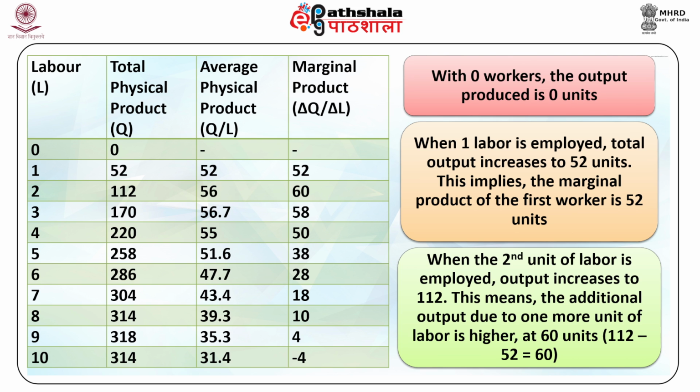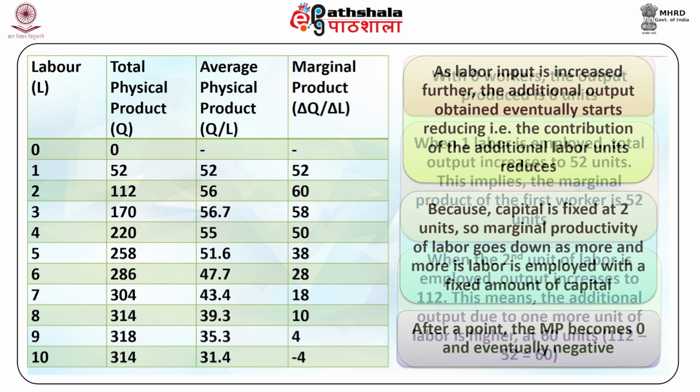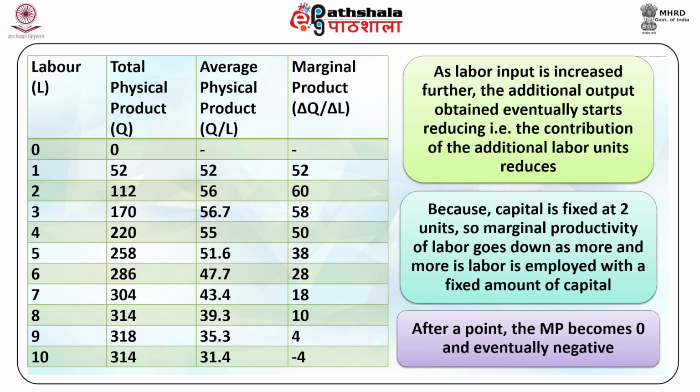This means the additional output due to one more unit of labor is higher at 60 units. 112 minus 52 is equal to 60 units. But as labor input is increased further, the additional output obtained eventually starts reducing. That is, the contribution of the additional labor units reduces.